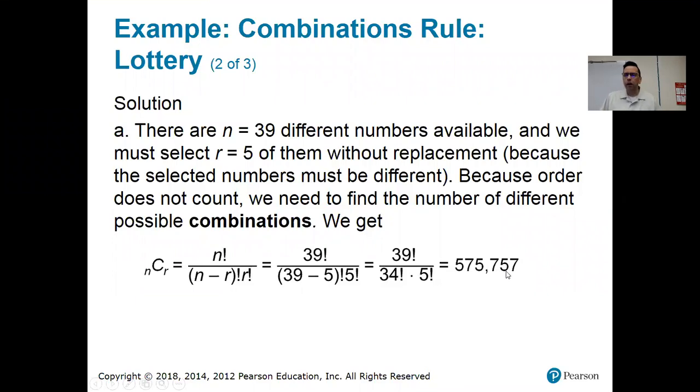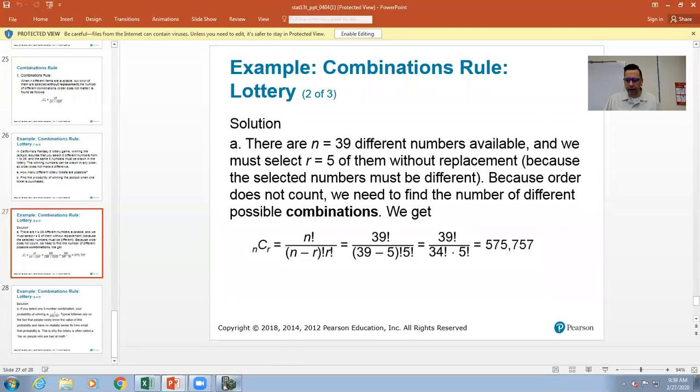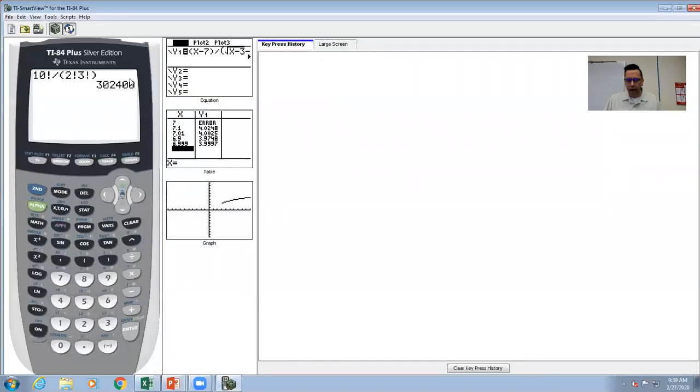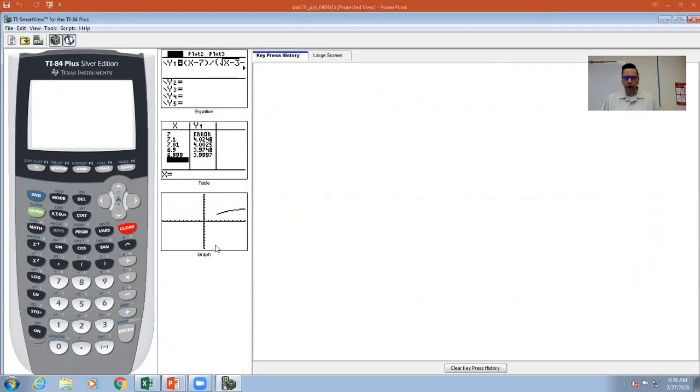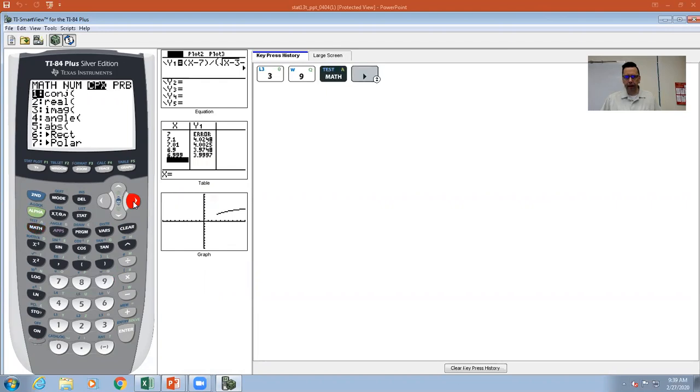Okay, so real quick, I am just going to bring up my calculator here. So the way it works on here, you do 39, and then press math, and then go over to where it says PRB.